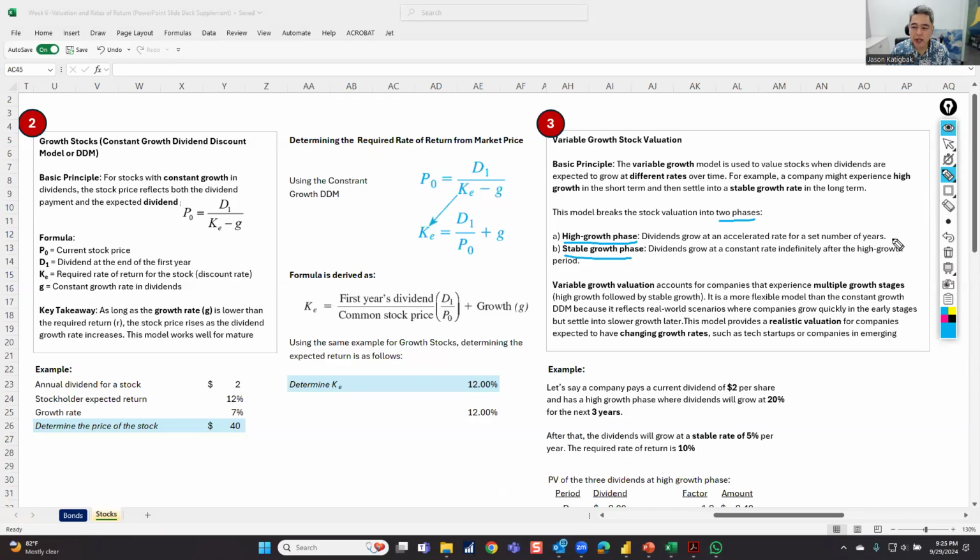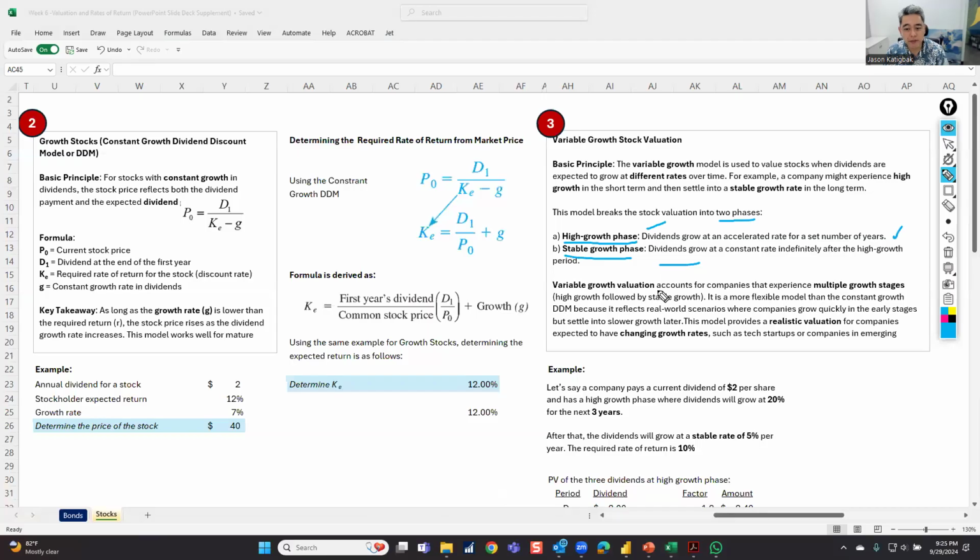The high growth, I need to calculate first. The stable growth will be for infinity, a terminal value, discounted on the third year, depending on the number of years on the high growth, and then added across after discounting, and then that will be the dollar amount.